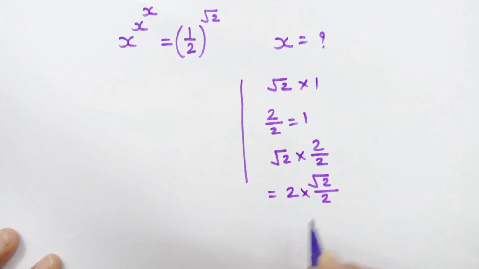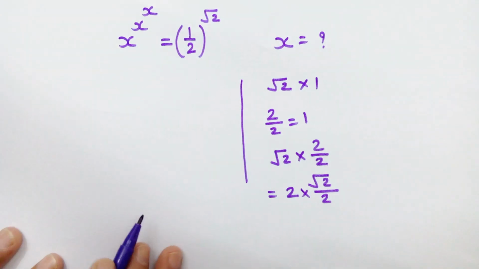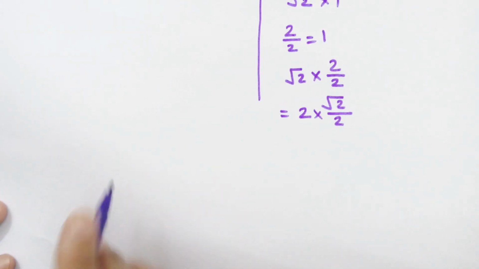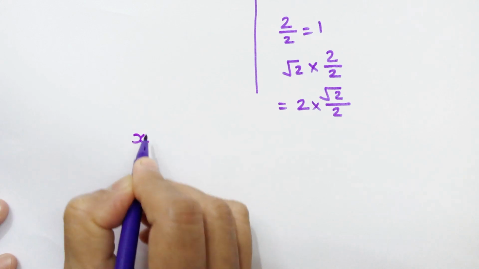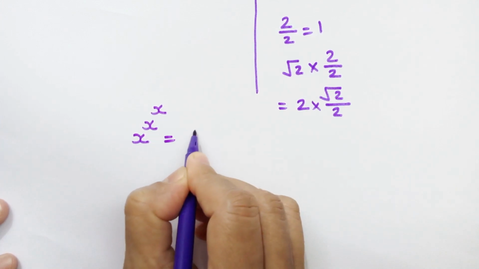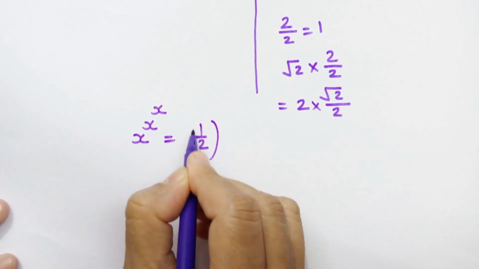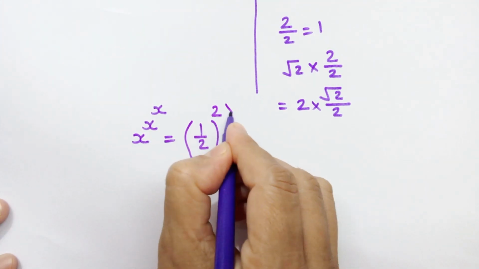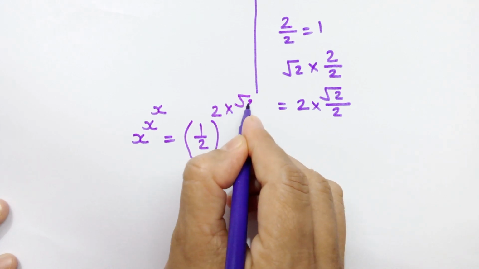Now let's put this value in place of under root 2. Like this, x raised to x raised to x is equal to 1 upon 2 whole raised to 2 into under root 2 upon 2.